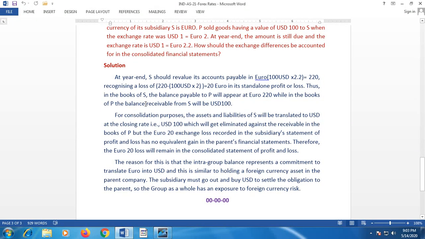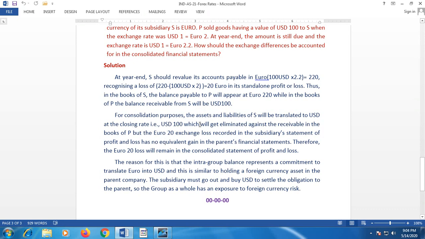Thus in the books of S, the balance payable to P will appear at euro 220, while in the books of P, the balance receivable from S will be US dollar 100. Now, the consolidated balance sheet has to be prepared, wherein the payables and receivables between S and P are to be mutually adjusted.